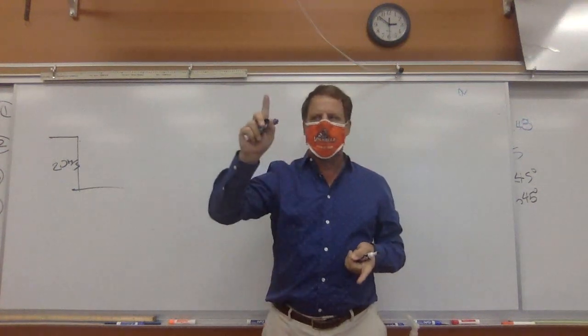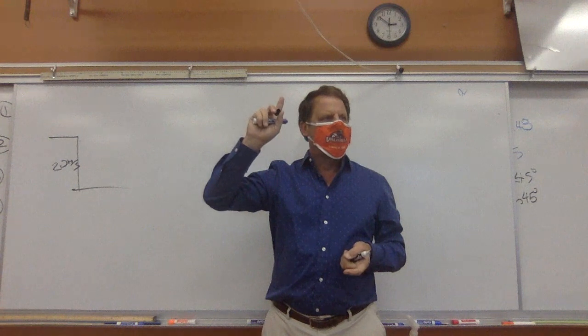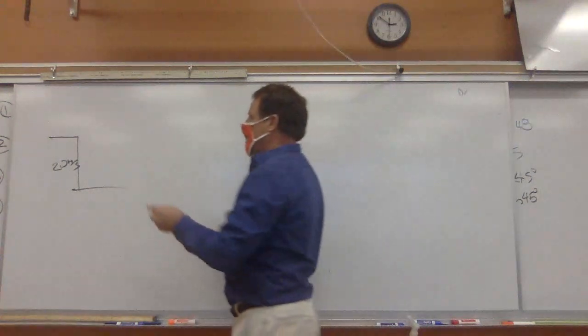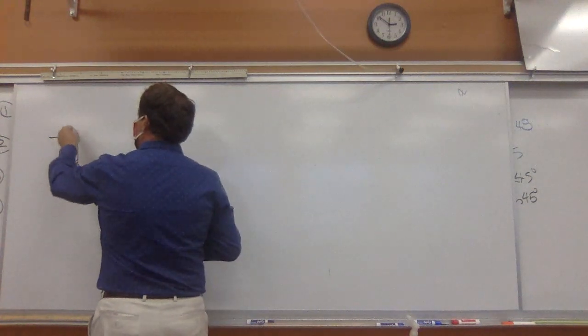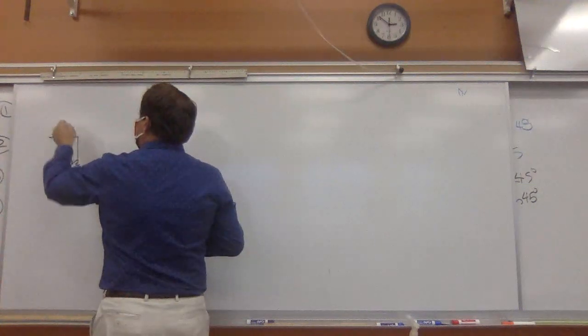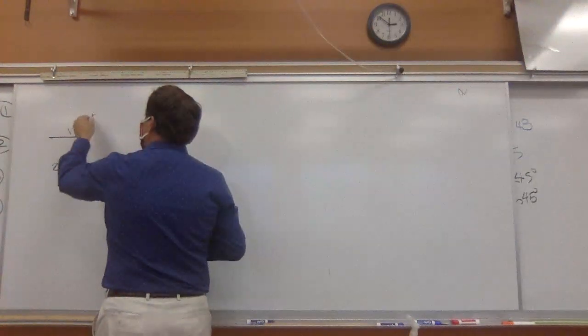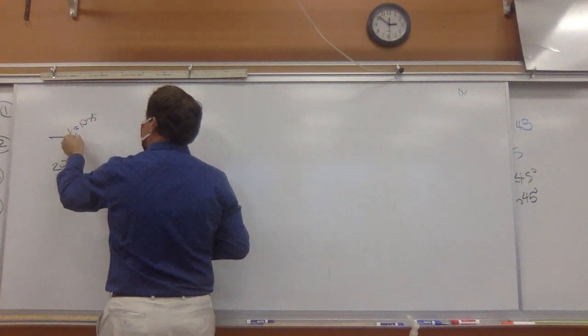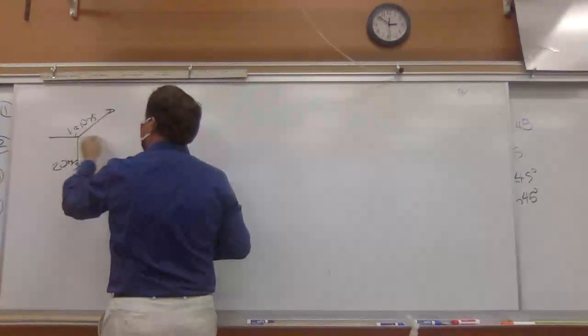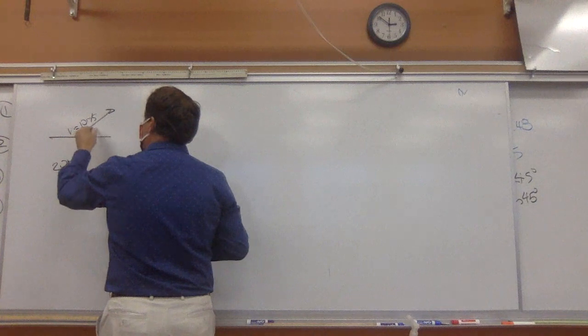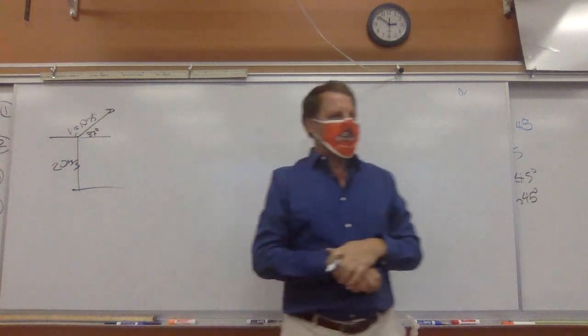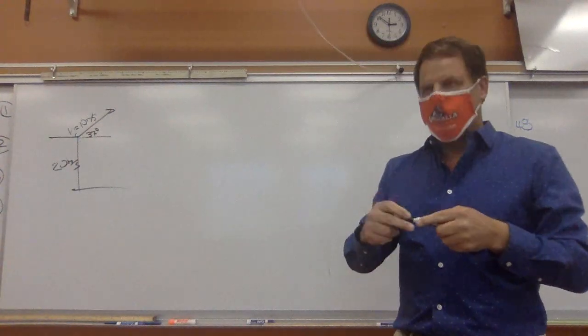Then when the object was thrown down or up, what was that originally? I thought it was 10. Okay, so now we're going to say the initial velocity is equal to 10 meters per second, except now we are going to have them throw it at an angle of 37 degrees.